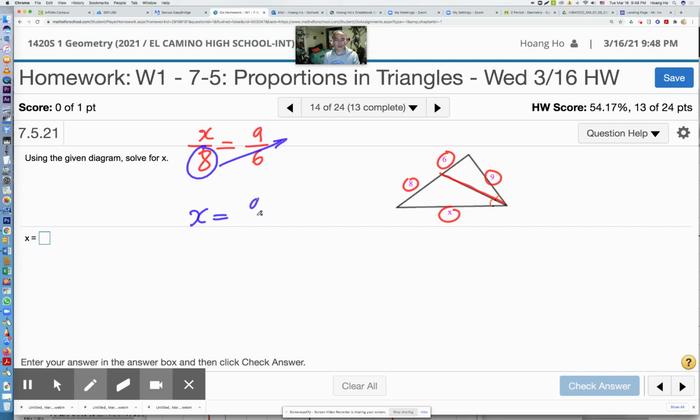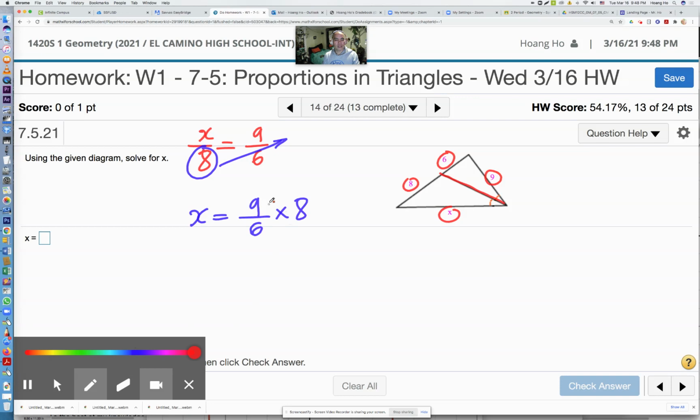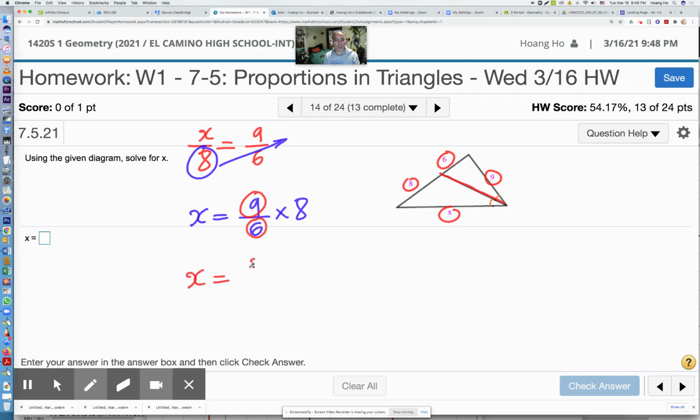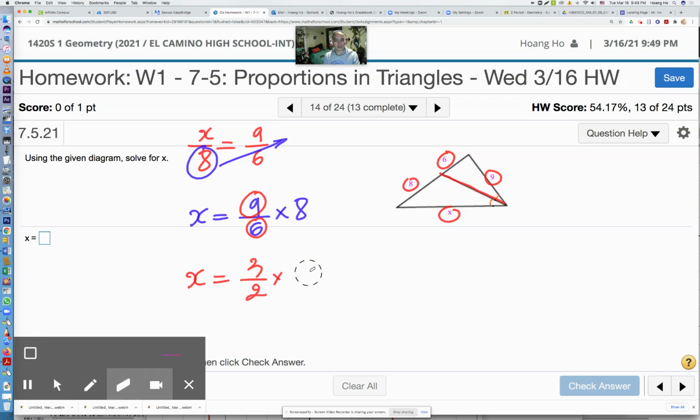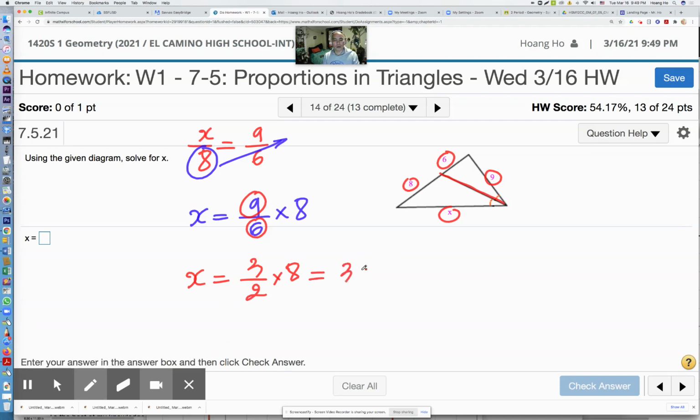So x equal 9 over 6 and then times 8. Now I simplify 9 over 6, that is 3 over 2, and then times 8. So I simplify by 2, that's a 4. So 3 times 4, that's 12. So the answer is 12.